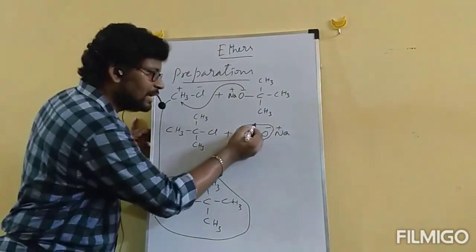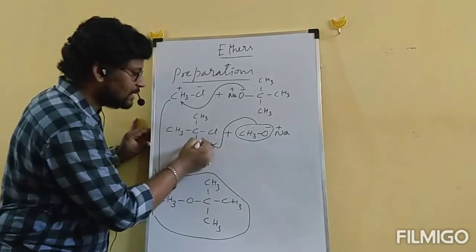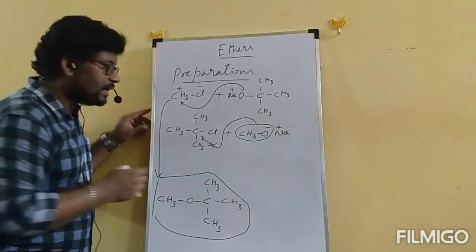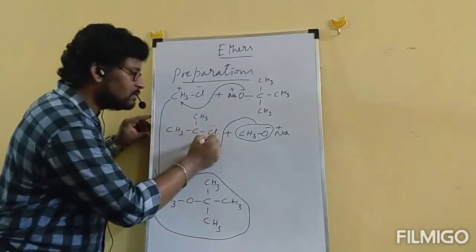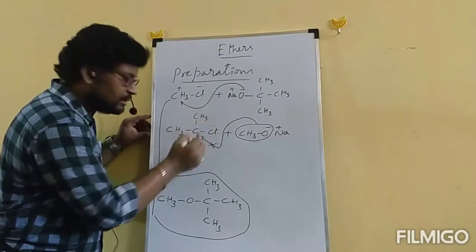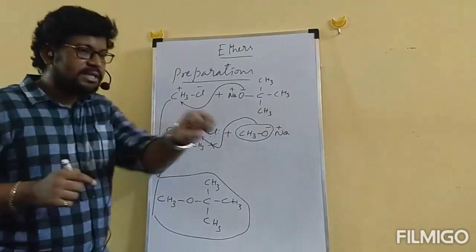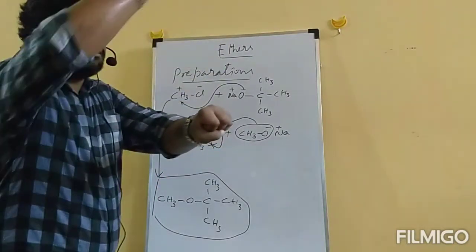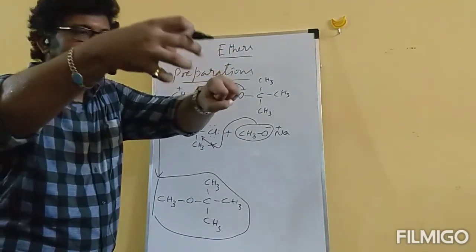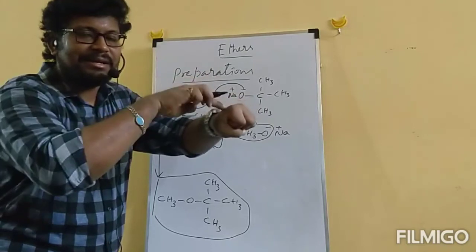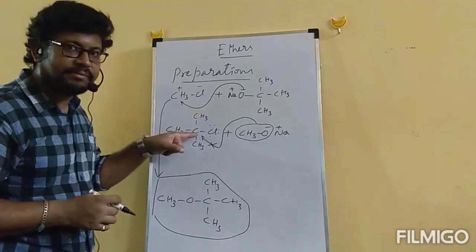It cannot attack this central carbon, because chlorine contains lone pairs of electrons, which are bulky. These methyl groups are also bulky, so this carbon is present between all the bulky groups, and the nucleophile cannot attack this central carbon.